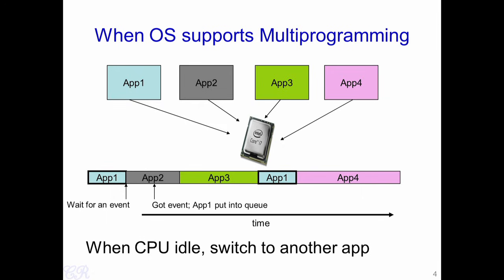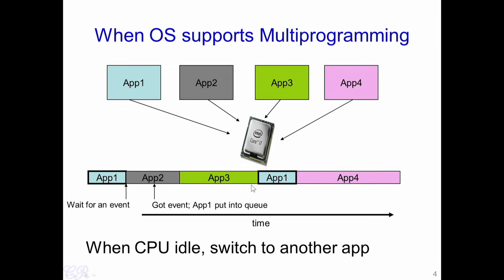Essentially, it will be preempted from the processor, and another application, in this case app 2, will execute in the CPU. After a while, when the user inputs something through the keyboard, the event is obtained, and as a result, application 1 is put into a queue.